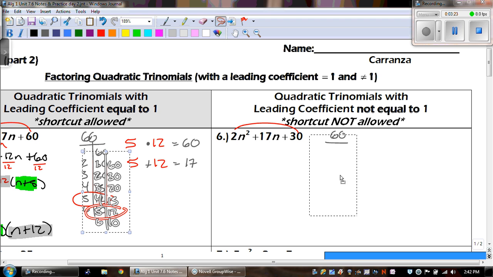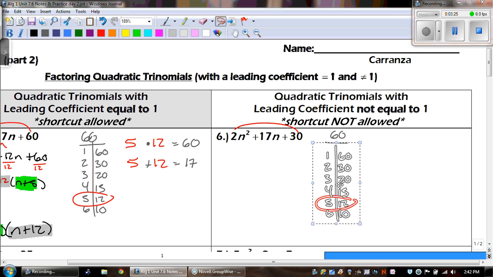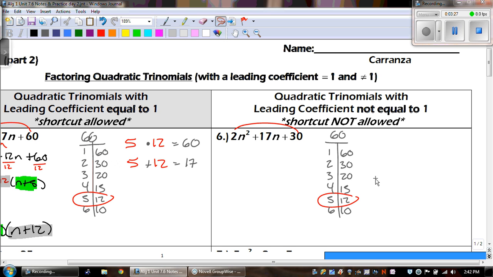I, on the other hand, have the power of technology. I am now looking for numbers that multiply to get to 60 and add up to get to 17. Well, what do you know? It's the same set. It's 5 and 12.